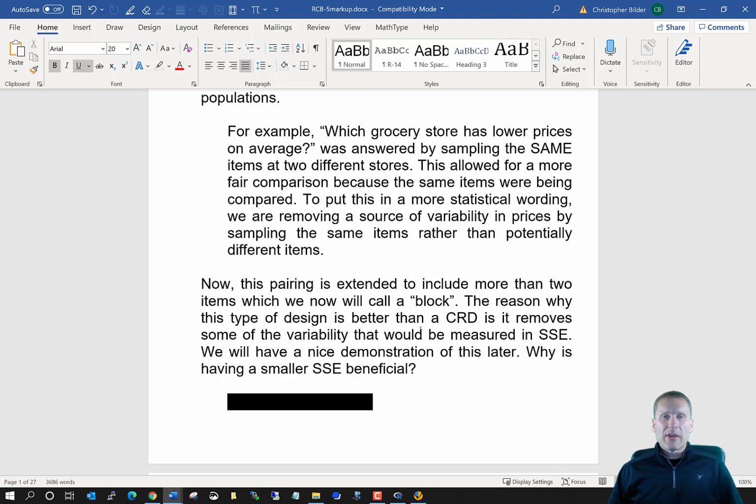Like maybe, for example, you get a Wheaties box at Walmart, you get a Wheaties box at Hy-Vee, look at the two prices. Then maybe you go to some other item, such as a particular type of flour. So you sample the exact same flour at Walmart and also at Hy-Vee, get the prices.